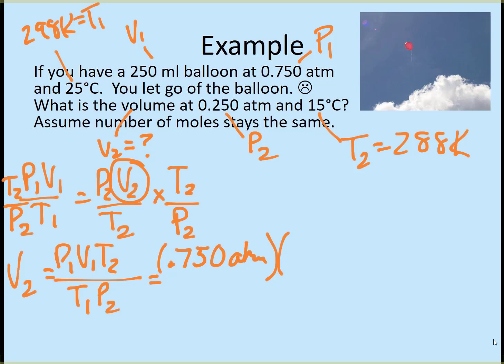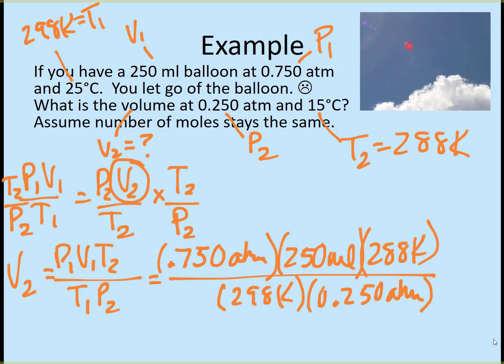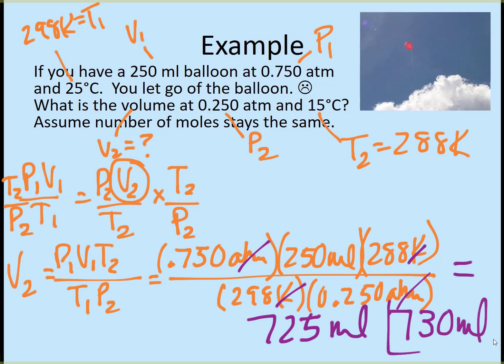And so you'll see that in this case, the units is going to be milliliters for the answer because that is my V1 unit. Cancel out your units. So atmospheres cancels, Kelvin cancels, and you are left with 725 milliliters. Looking at sig figs, it looks like I only have 2 sig figs, so I would say 730 if I was doing sig figs.